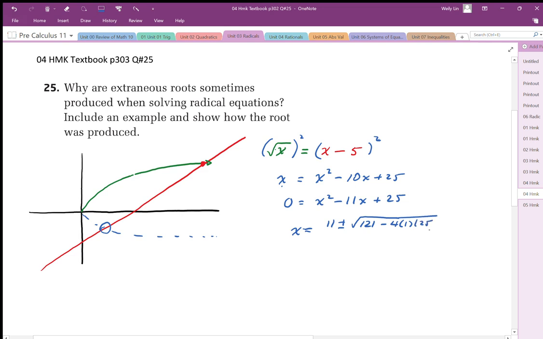And so I end up with two solutions here. This is going to be square root of 21. So one of these solutions is extraneous, and the other one is the valid solution that I see where the red and the green intersect.